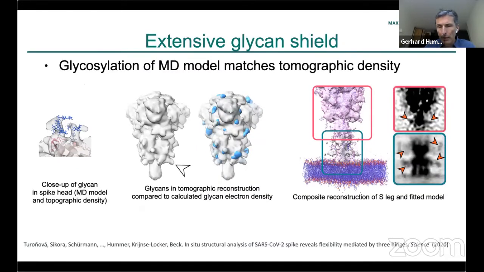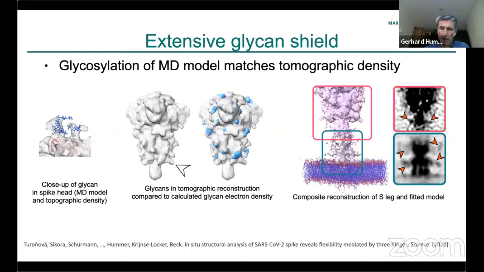So one final point I would like to emphasize, where we saw not only nice correspondence between experiment and the simulations, but gained additional insight, concerns the glycosylation of the spike protein.